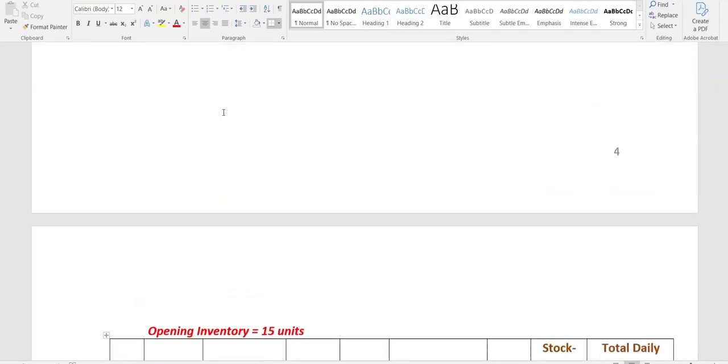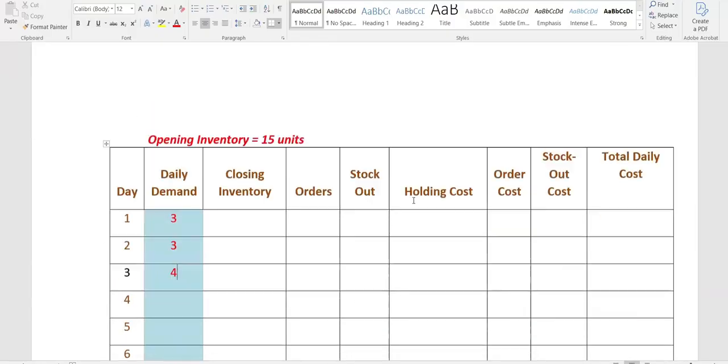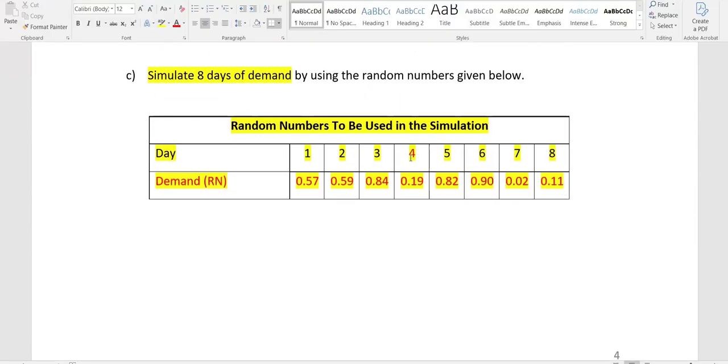Then you go back up to the random number simulation table that we're given. And we're now at day 4, which has a random number of 0.19. So what do you do now? You want to find out the predicted or simulated demand for day 4.